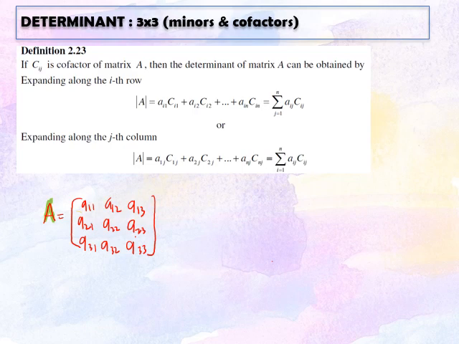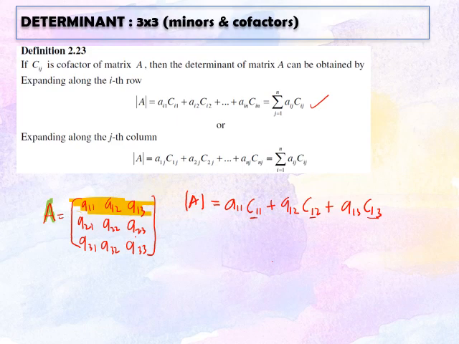So if you want to use row 1, meaning your determinant of A is equal to, you follow this one, A11 C11 plus A12 C12 plus A13 C13. So meaning you need to find the cofactor first. Okay, then only you will multiply by the element inside the matrix.